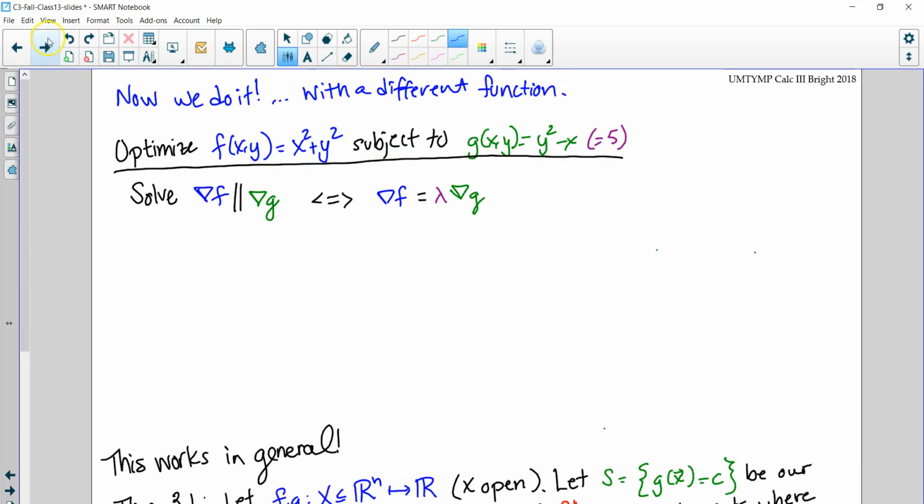Okay, and so if we do that, and this is where I'm going to do this with a different function because we've already done that problem, I just want to solve gradient of f parallel to gradient of g, but when we do that algebraically, we have to allow for some constant to pop in, and that's where this lambda is going to come in, and that's going to be what we call a Lagrange multiplier.